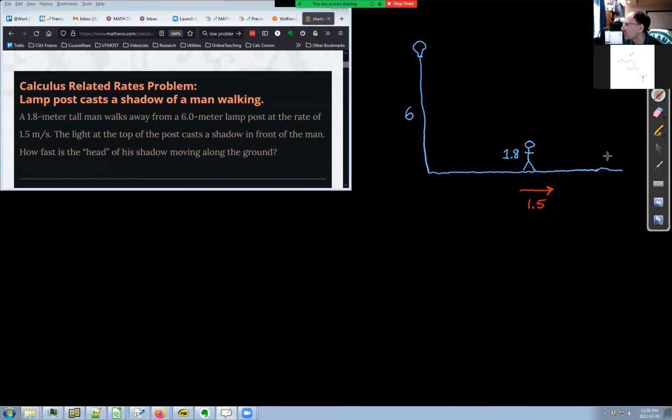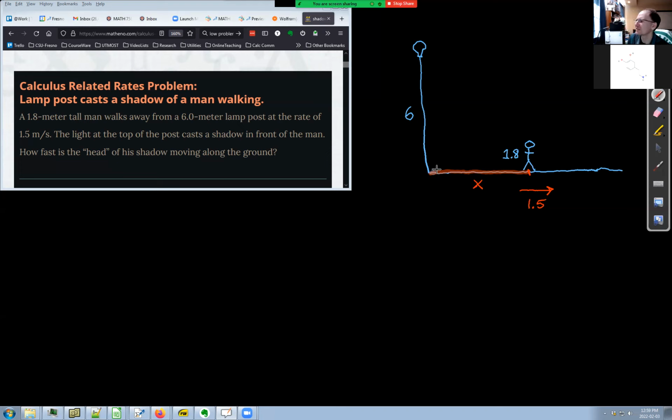Already I can see that there's a distance here that's probably going to be important, so I'll highlight it in red. This distance, from the person to the base of the light pole, is changing, so I'm going to give it a variable name.